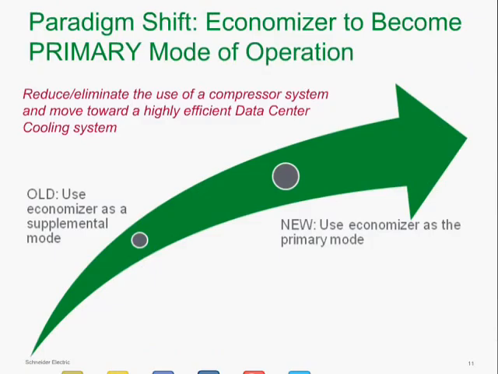When we talk about economizers and what is encapsulated by this change, in the past economizers were used as a supplemental mode of operation. You might be using a standard air-cooled DX unit and then have some type of economizer function in your facility that would allow you to get better efficiency during certain times and certain hours of the year, whereas now the use of economizers is becoming a primary mode with mechanical refrigeration-based systems as backup.